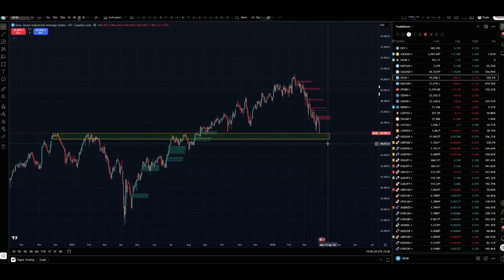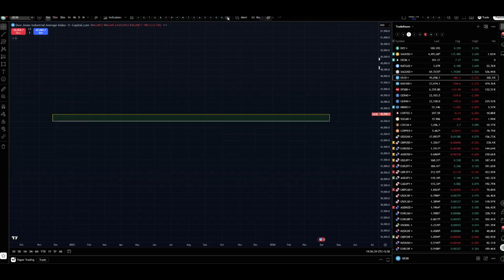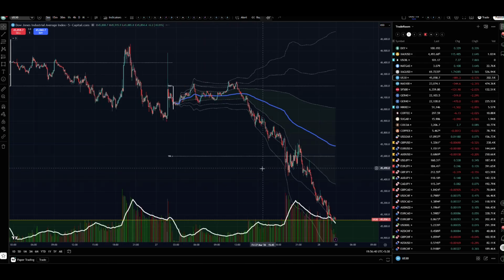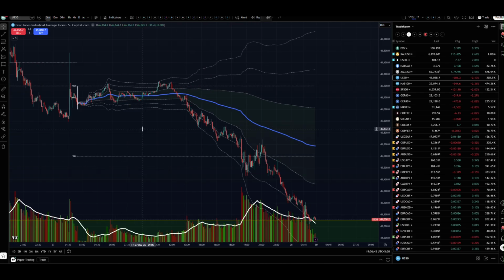But we don't have to execute based on this higher time frame and a lot of risk that is not needed. We just need to follow the system and it will show us where to short, where to long.